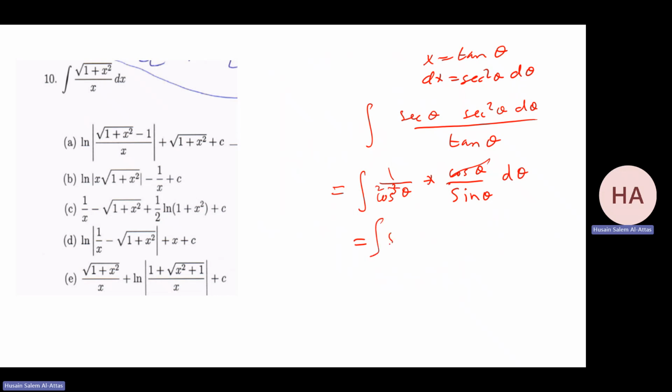So that gives me secant square theta. Do the triangle. This is theta. That will be x over 1. This is square root 1 plus x squared.